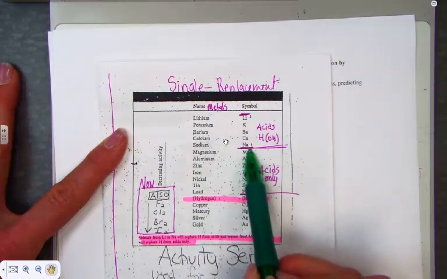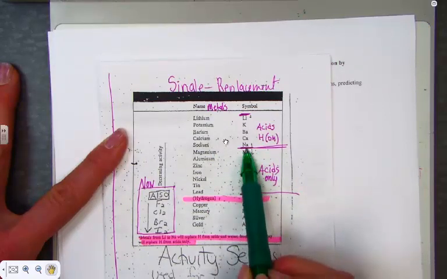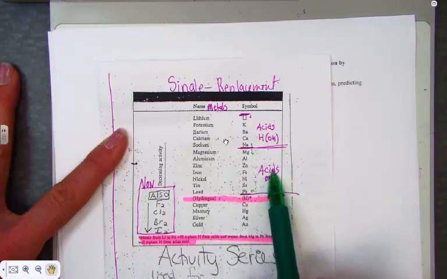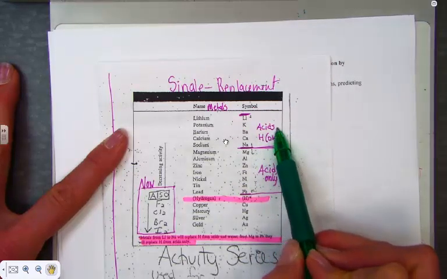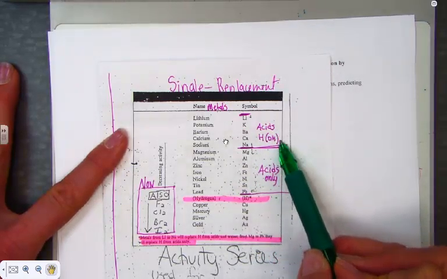We made a further note that the elements between magnesium and lead are strong enough to displace hydrogen in an acid, but sodium and above are strong enough not only to displace hydrogen in acids, but also that of water.